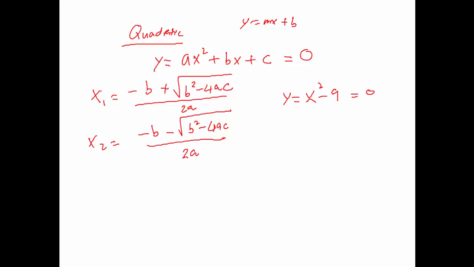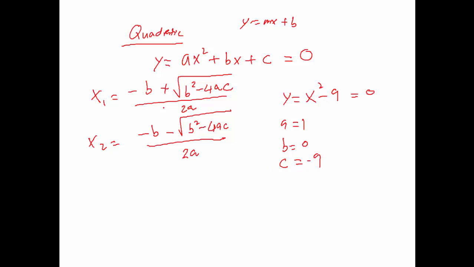So a in this case is whatever stands in front of the x squared term, which is 1, right? Nothing here means 1. And then b, we don't have the x term here, so b is 0, because 0 times x gives you nothing. And c is whatever the remaining number is, which is -9 in this case.